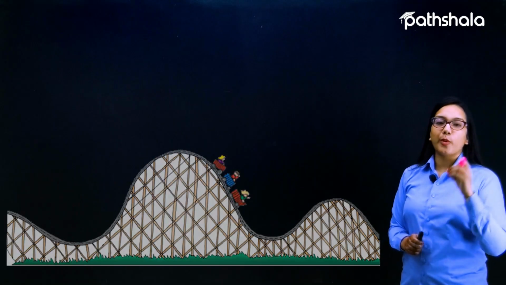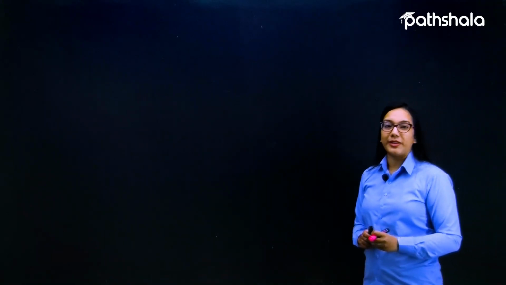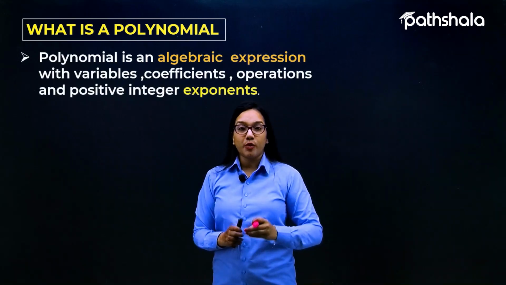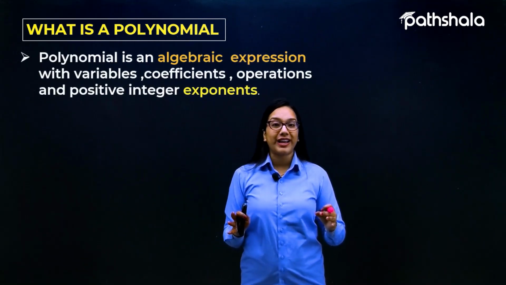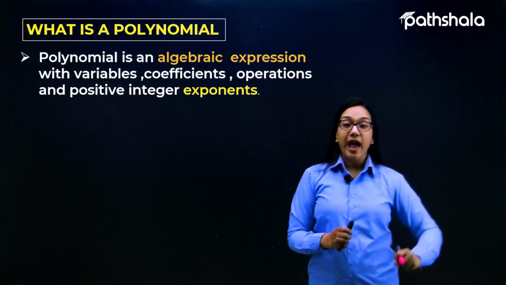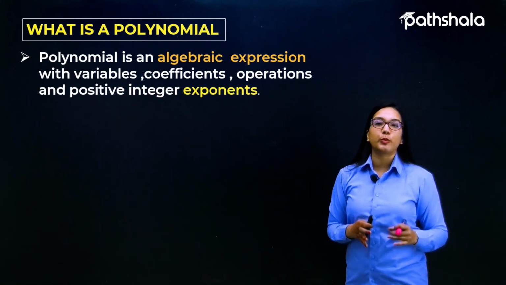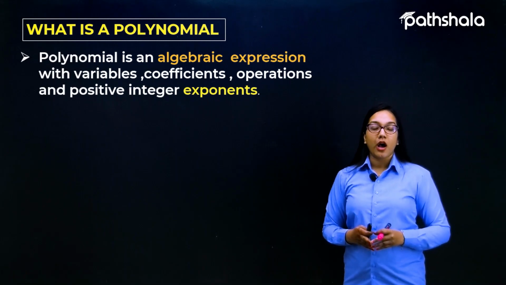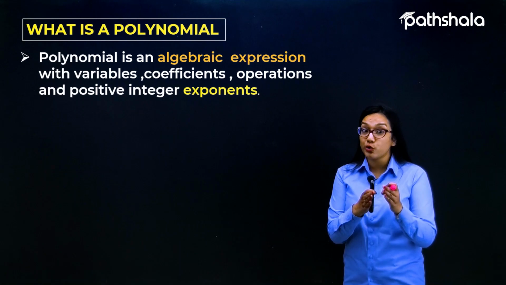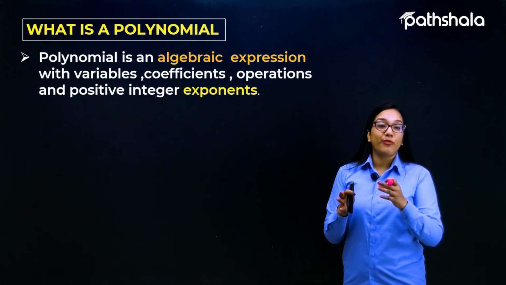So what are polynomials in the world of mathematics? What is a polynomial? A polynomial is an algebraic expression with variables, coefficients, operations and positive integer exponents. What does it mean? It means that a polynomial is an algebraic expression, like the one used by Lisa, with variables.